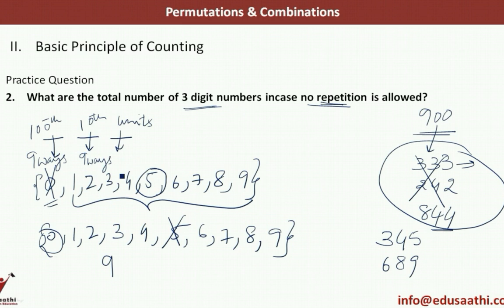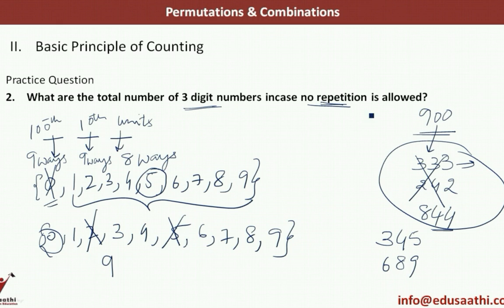Now we've already utilized 2 of the digits. Let's say 5 was filled in the hundreds place, and the tens place was filled up with 2. You can take any number, I'm just taking an example. So now I'm left with 8 digits for the units place. So the units place can be filled in 8 ways.